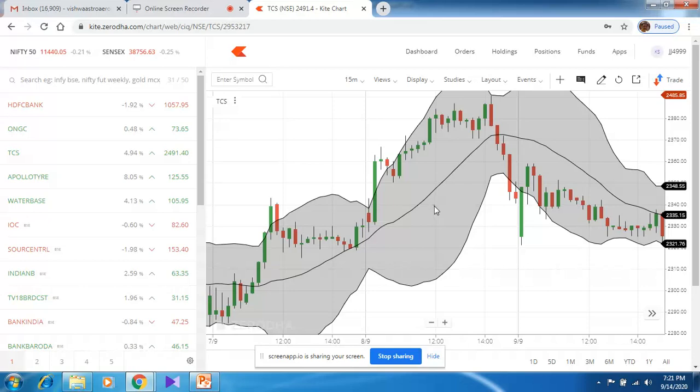Now, this lower curve, if you can observe, if these candles touch this bottom curve, that means these are support lines. That means it has been oversold.